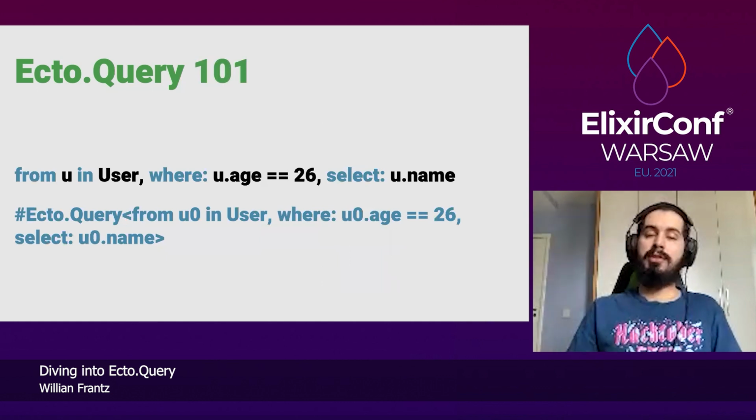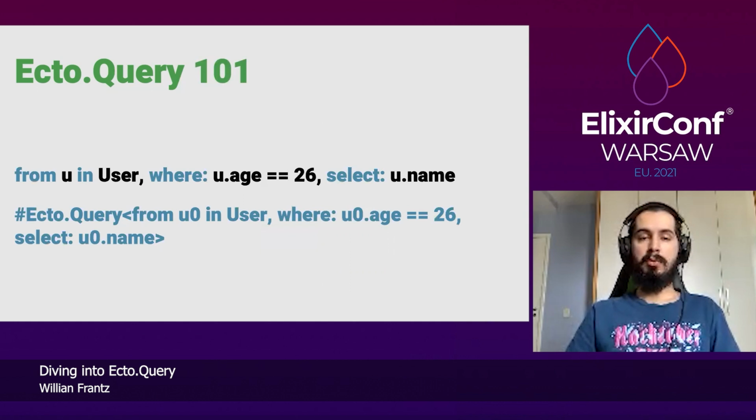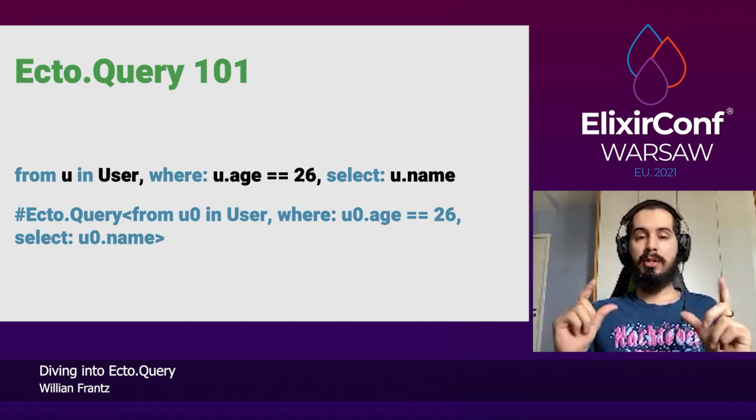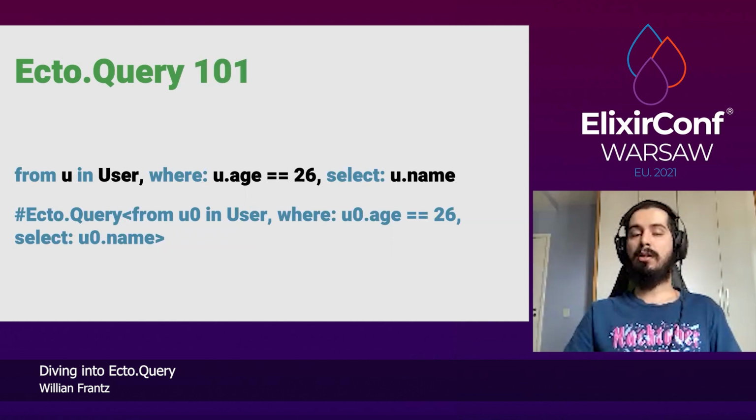So let's get back to the first example, for example. So we are selecting everything from users where the age is 26 and we want to select only the name. And in this case, when we execute this inside our IEx, for example, let's say we open IEx, the interactive Elixir shell, and we type this query there.